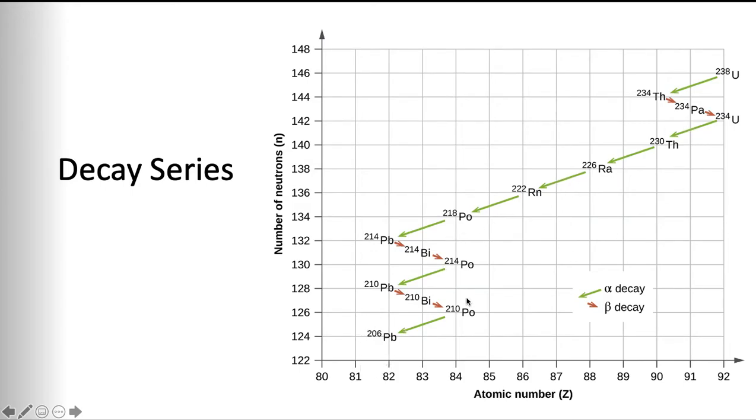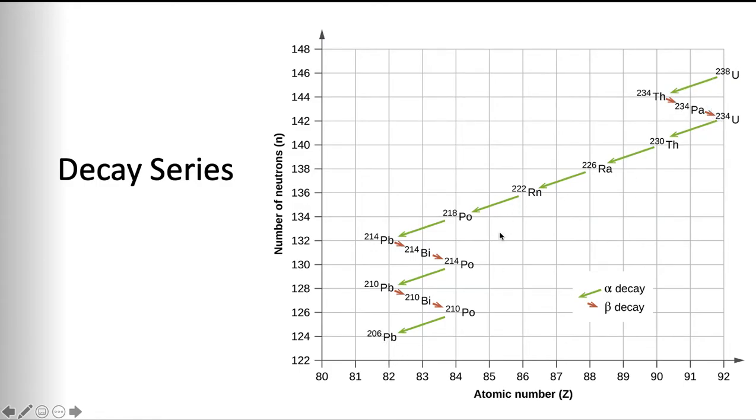There are three families, or three different cascades, that include most of the radioactive elements in the periodic table, and all of them undergo a cascade of nuclear decay and end up pretty much with isotopes of lead, because they end up back in the stable area, the band of stability.